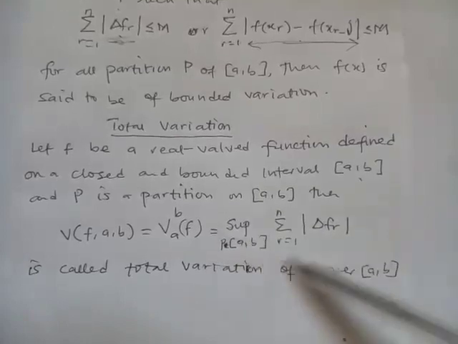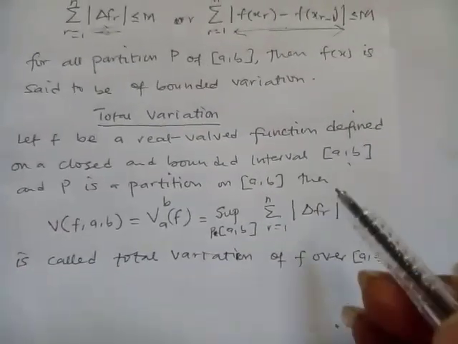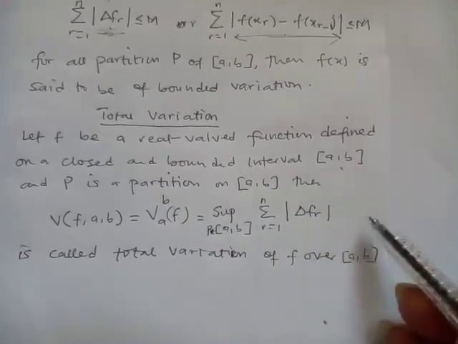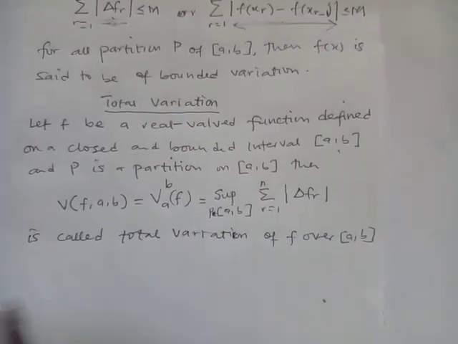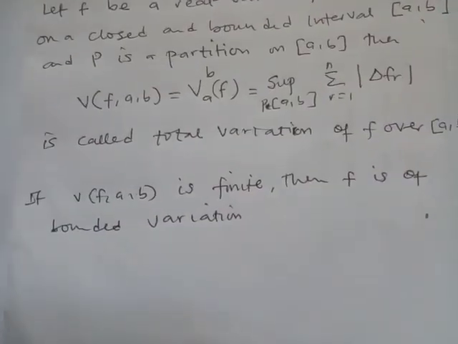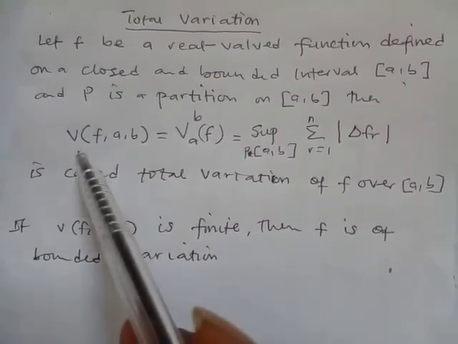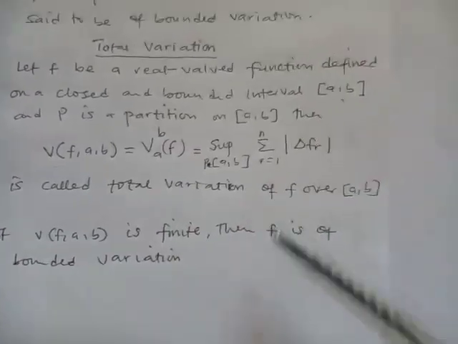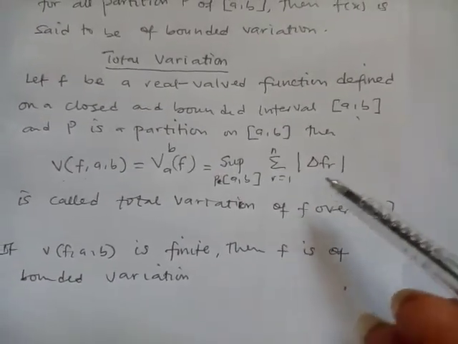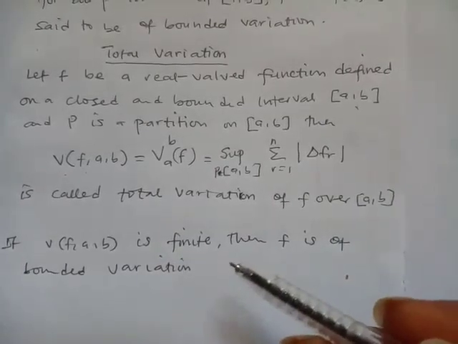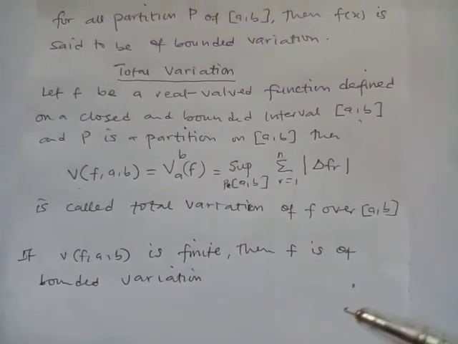So if you have this type of expression, we call it total variation. And in case this expression is finite, then we say that f is of bounded variation. So if you have found this total variation and we see that it is finite, that is, it is not infinity, then we say that f is of bounded variation.